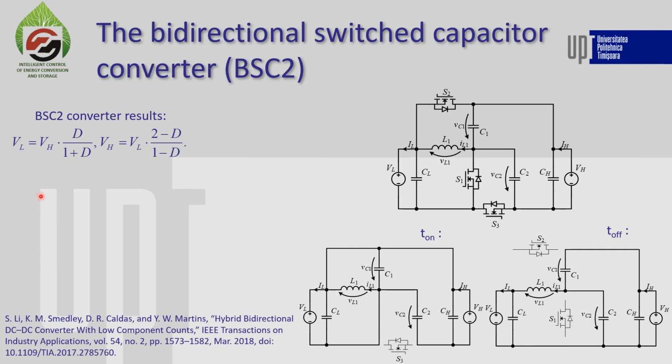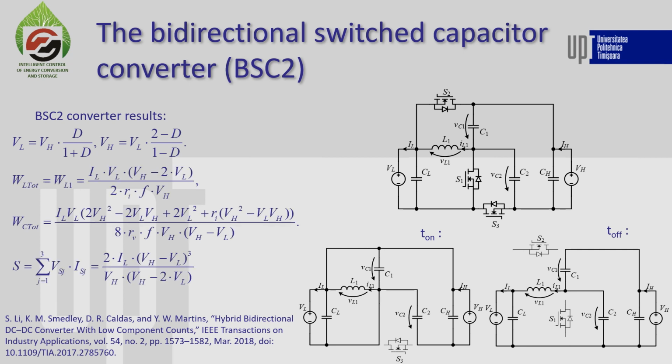The conversion ratio is also limited to 50%, or of course 200% in the boost mode. But we see here that the conversion ratio as a function of duty cycle is different when compared to the previous converter. Also, the performance indicators here do not take into account possible current spikes which might occur.